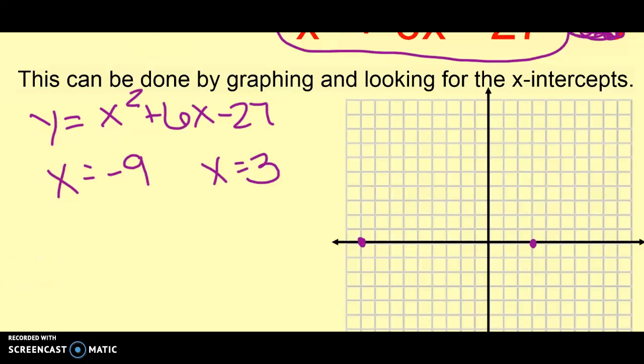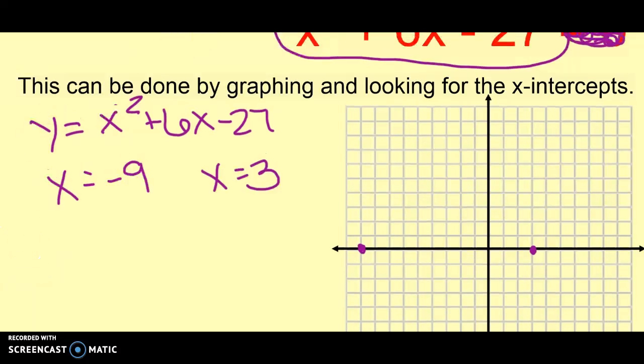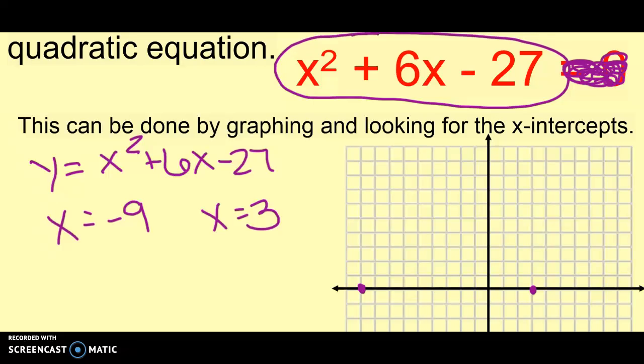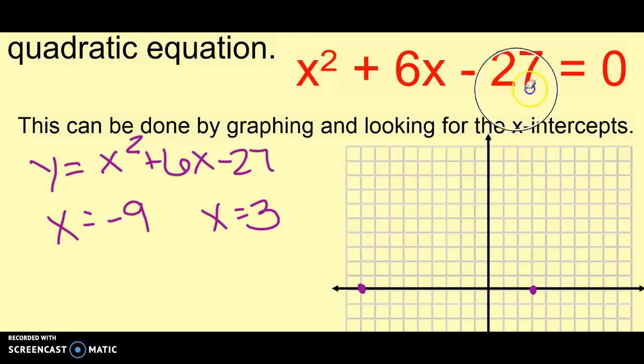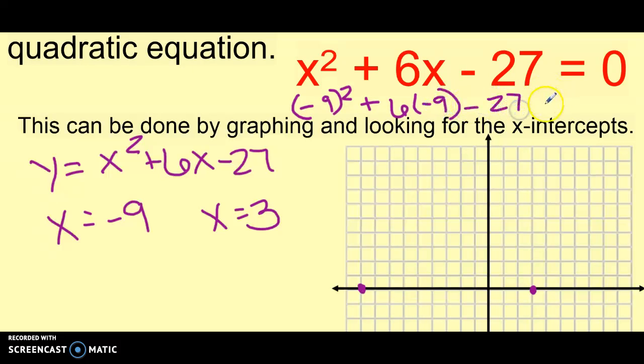All right, so what happens is if you go back into the original equation and you plug in -9 or 3, both of them are going to work. So you've got -9 all squared plus 6 times -9 minus 27, you should get 0, okay?